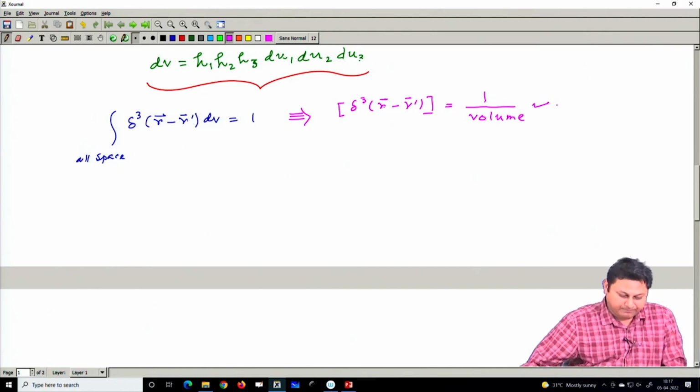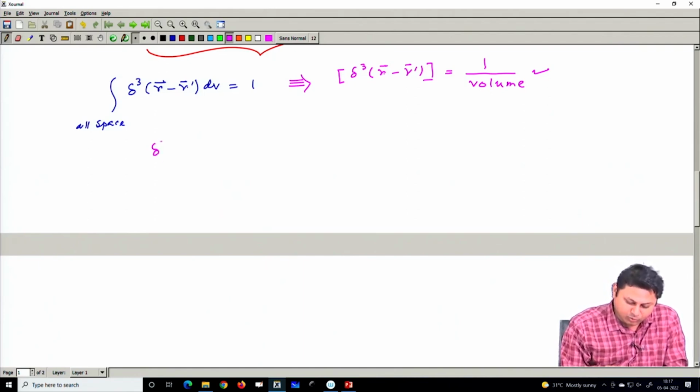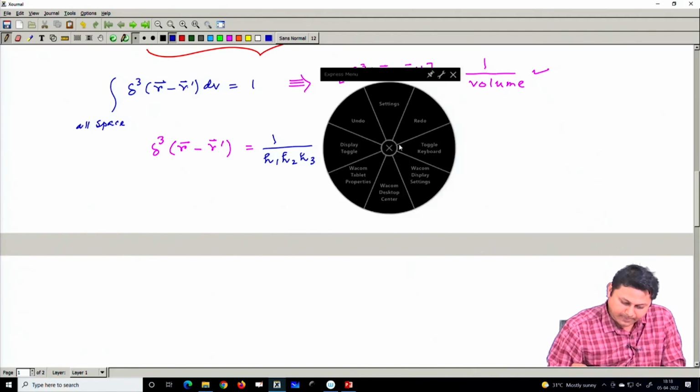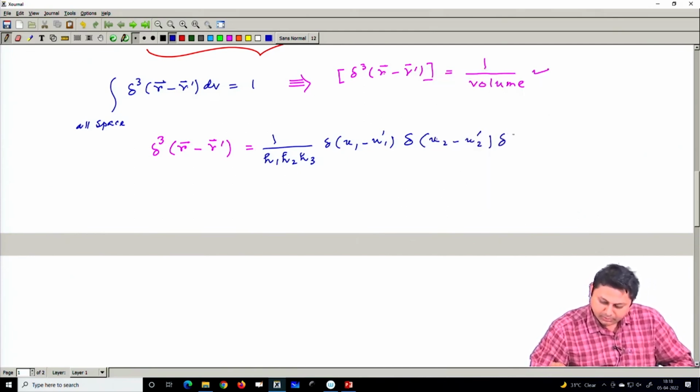Okay, and in general when we define the delta function in a curvilinear coordinate system, delta cube of r minus r prime, the right hand side, this is the general form, is 1 divided by h1 h2 h3, and then delta of u1 minus u1 prime, delta of u2 minus u2 prime, and delta of u3 minus u3 prime.